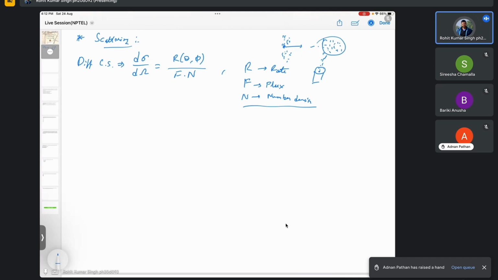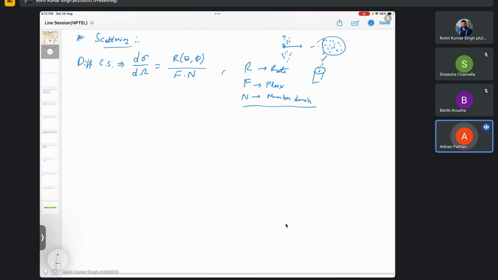Do you have any question? For the flux F, sir, it's the number of particles per unit volume for the beam, right? No, it's the number of incident particles per unit cross-section area, so per unit area per unit time.